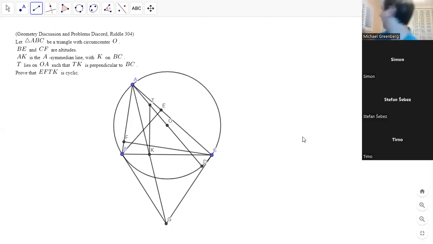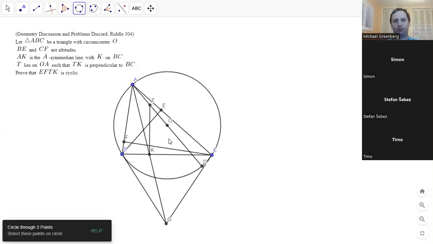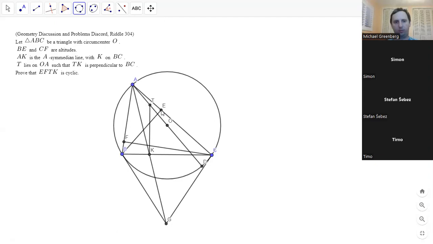That's not the 9-point circle, obviously, because that would pass through the midpoint of this side and the foot of the altitude.